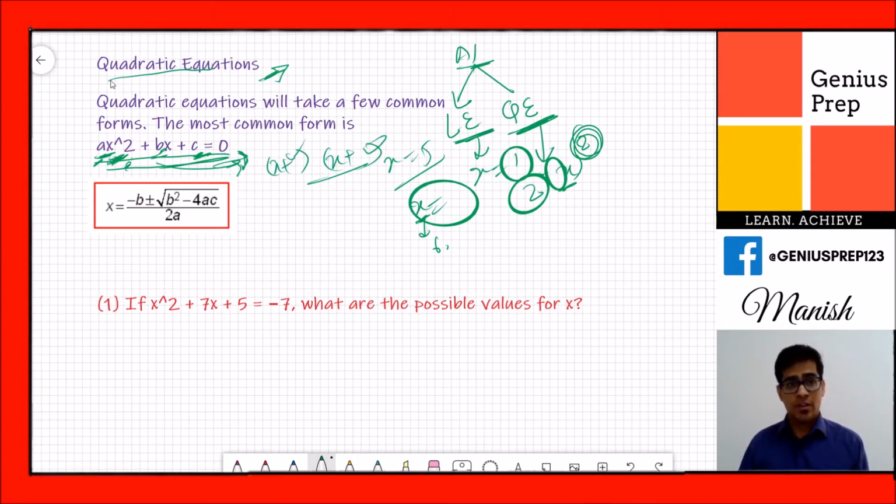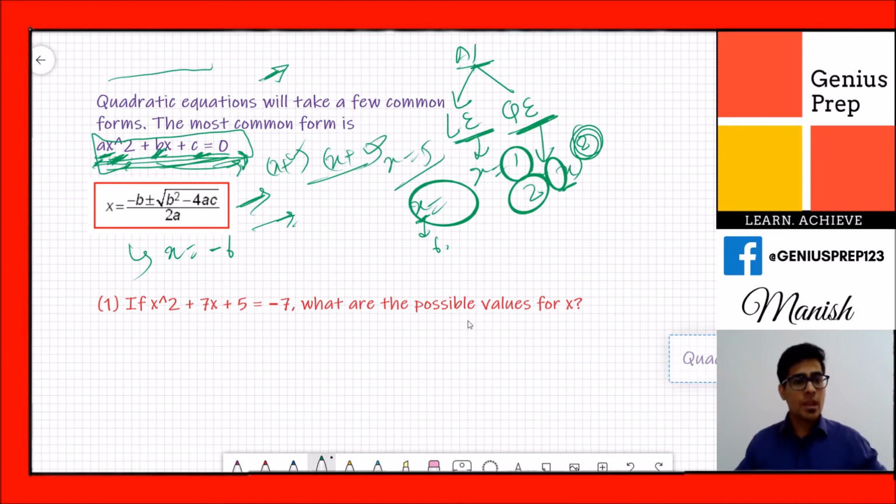Or another way is we can use this formula, which seems pretty simple. If you are good at learning formulas, we can directly use it. When you have a quadratic equation in this form, the value of x will be minus b plus minus root of b square minus 4ac, divided by 2a. You can use this formula to find the value of x.